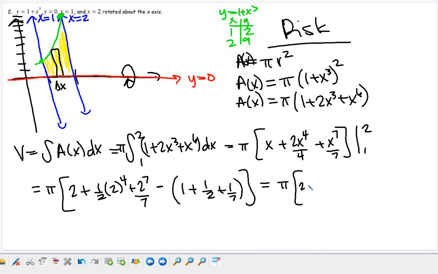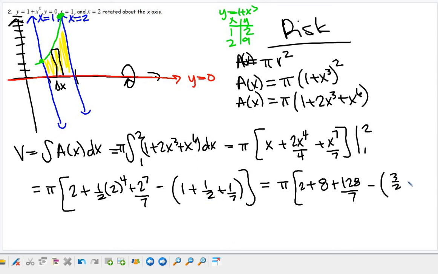So we have 2 plus, I'll do some of it, but I don't think I'm going to have enough room to do all of it. I'm going to try. So this would make this 2 to the 3rd, because if you have 1 down here and 4 up here, that makes 2 to the 3rd, which is 8, plus 2 to the 7th is 128 over 7, minus 1 plus 1/2 is 3 over 2.